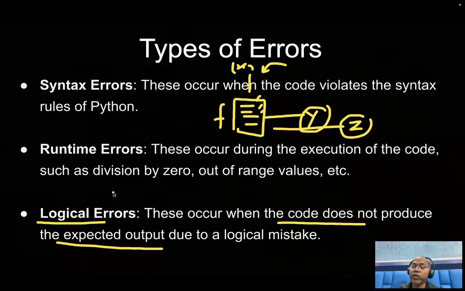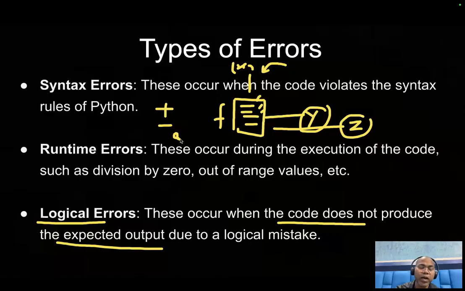These errors occur when your code does not produce the expected output due to some logical mistakes. Somewhere you have to apply plus, but you apply minus. Somewhere you have to apply the AND operator, but you apply the OR operator, or you do not follow the proper order of precedence, or any business logical error.